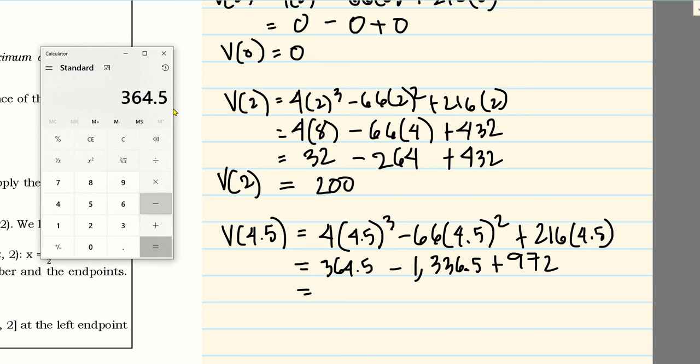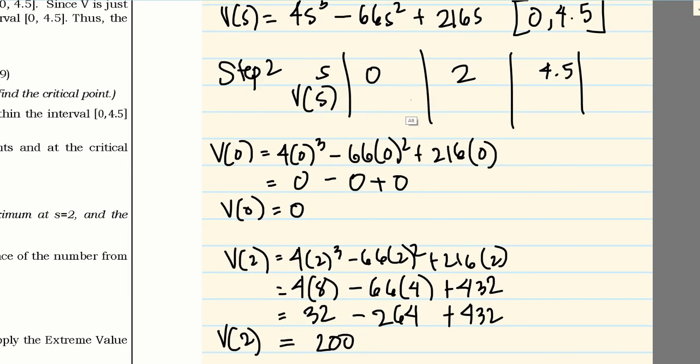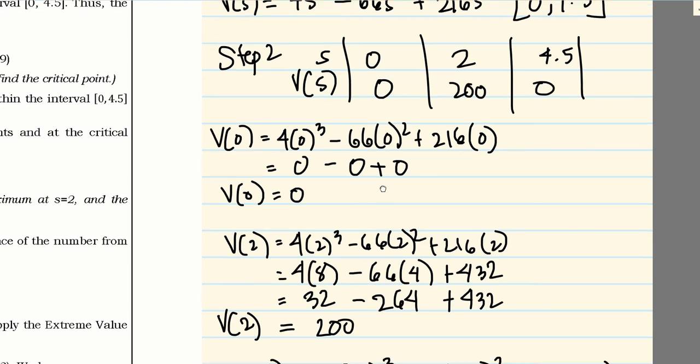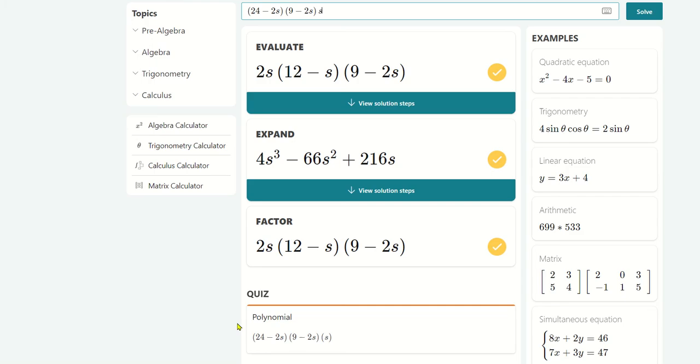And then we add that all: 364.5 minus 1336.5 plus 972 is equal to 0. So we have here 0. This is 0, this is 200, and this is 0. We can also try to graph that one.